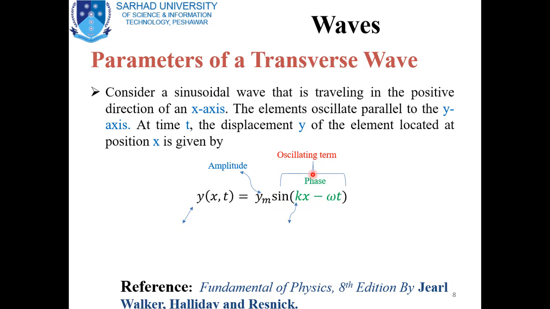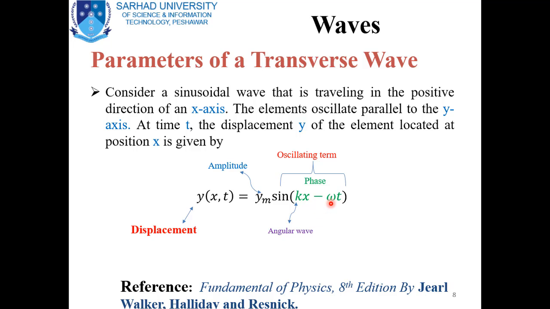So this term as a whole is known as the oscillating term, in which there is a phase in the brackets. The phase is a unitless term which may contain many other physical quantities like k. k is known as the angular wave number. Later we will derive the relation between wavelength and angular wave number.